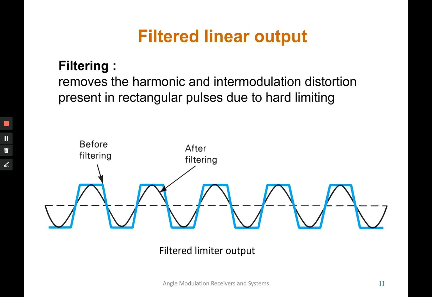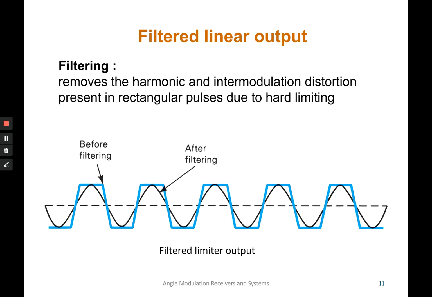I also explained to you in chapter 2 about the band limiting effect. The band limiting effect is what we use here in the limiter. By using band limiting, the limiter will try to remove the harmonics and also the intermodulation distortion that are present in rectangular pulses due to hard limiting.